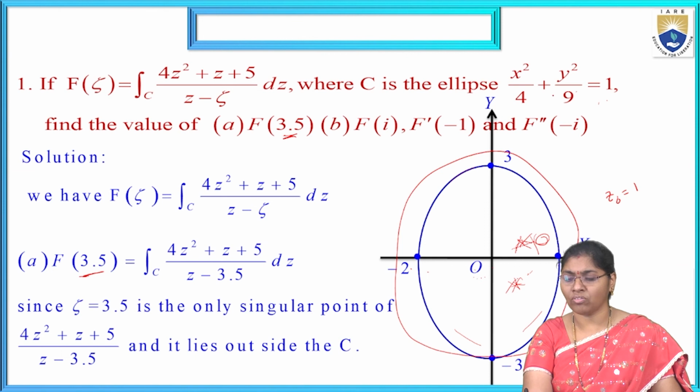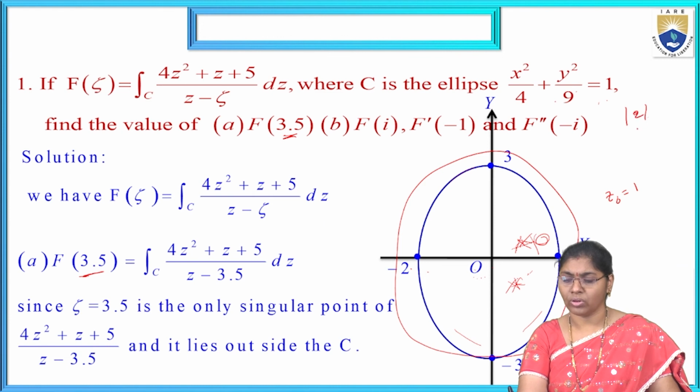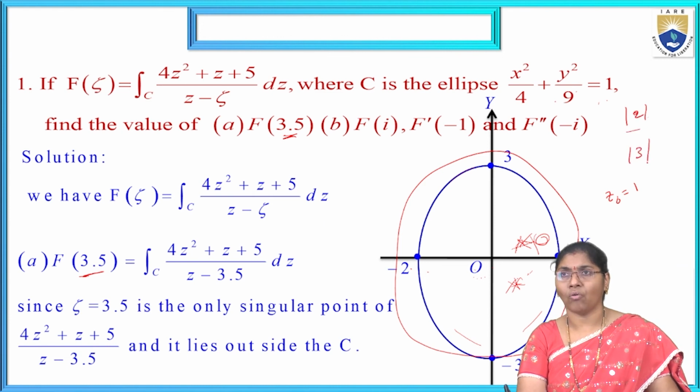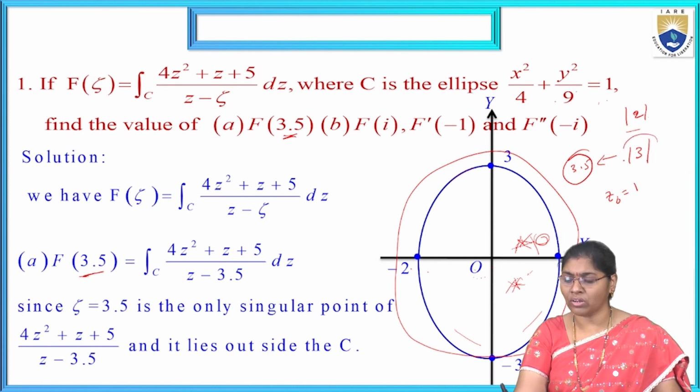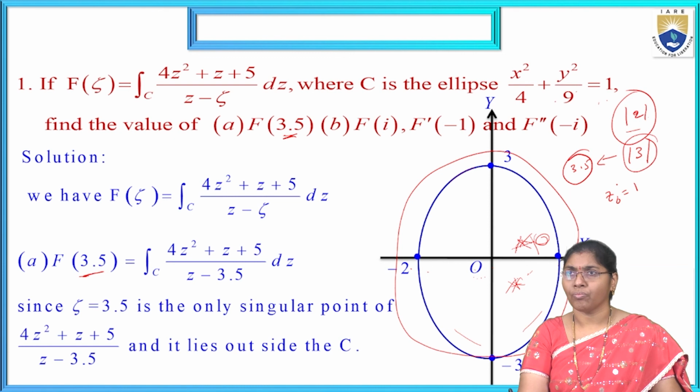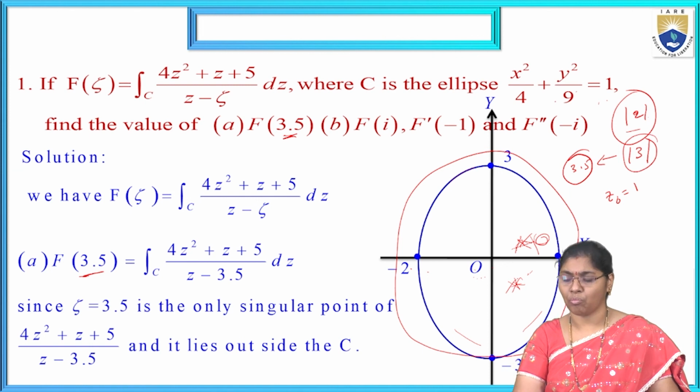Mod c is not given directly, but it is 2 on the x-axis and 3 on the y-axis. If z naught is inside the region, we can solve the problem. But the given z naught value is 3.5, which is not inside. Z naught is outside the region, that's why it is not satisfied.